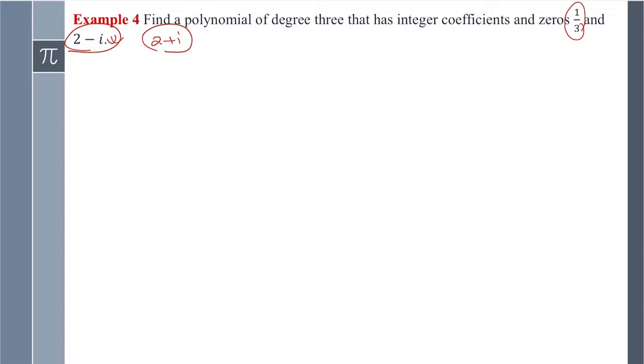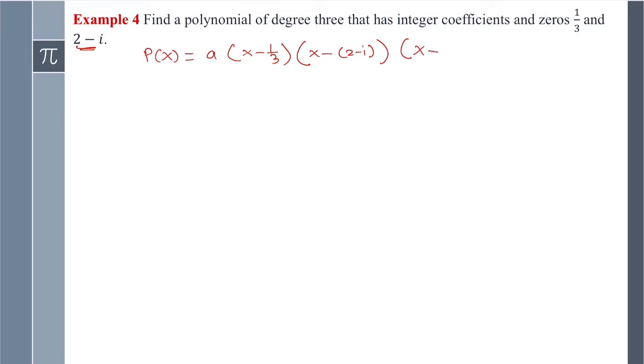Okay, so now we are going to do the exact thing that we did for the previous example. So we are going to write the polynomial as p of x equals a times, so the first factor is 1/3, so it's x minus 1/3, times x minus, so 2 minus i is the zero, so x minus (2 minus i), times x minus, so 2 plus i is also the zero, though it's not given there, but we know that if a complex number is a zero, then the conjugate must be a zero.